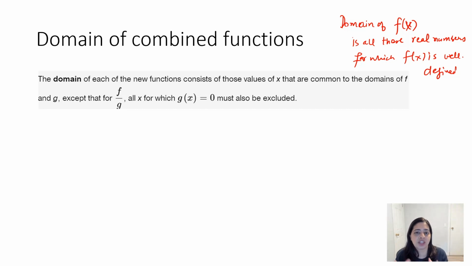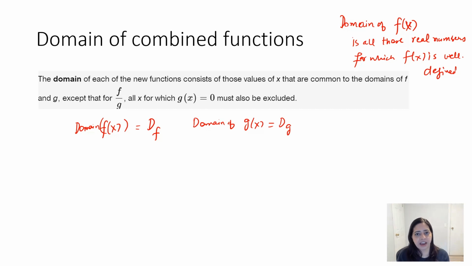Now you are working with two functions, f(x) and g(x). So they will have their individual domains. Let the domain of f(x) be, say, Df, and let the domain of another function g(x) be denoted by Dg, because they are going to be sets. They are going to be in terms of intervals, basically subsets of the real line.